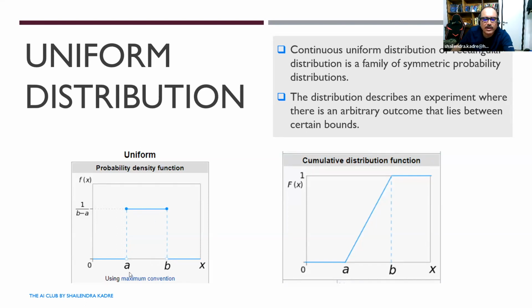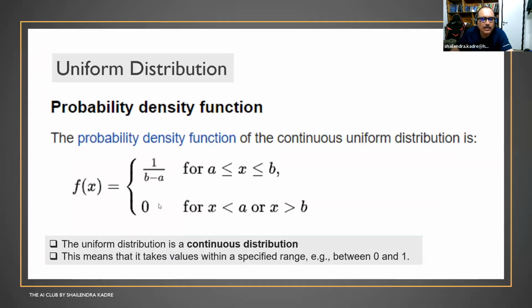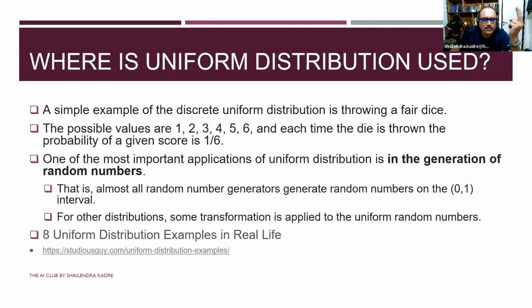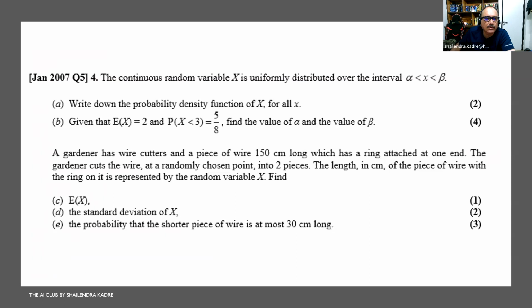Probability is constant between A and B. So your probability has lower limit A, upper limit B, and probability is constant between them. Like tossing a coin, probability is always 0.5, right? Success, failure, both probabilities are equal. So that is uniform distribution. So there are two more distributions we'll study: one is student T and one is uniform.